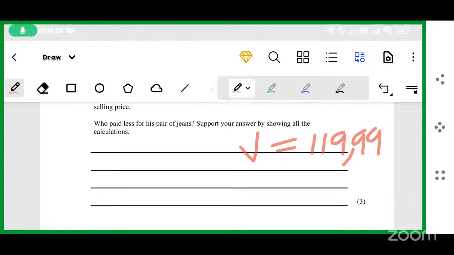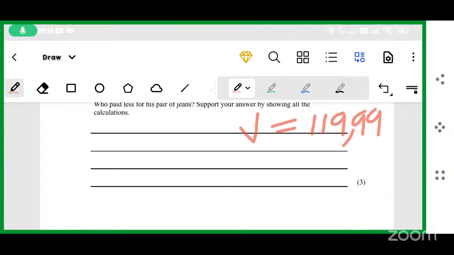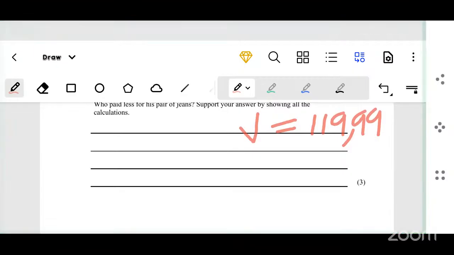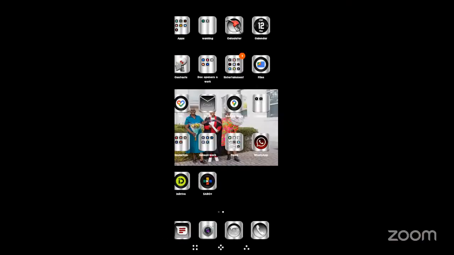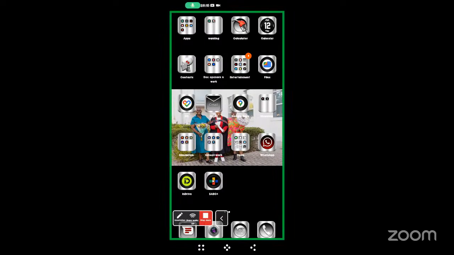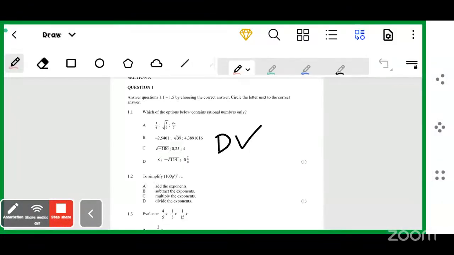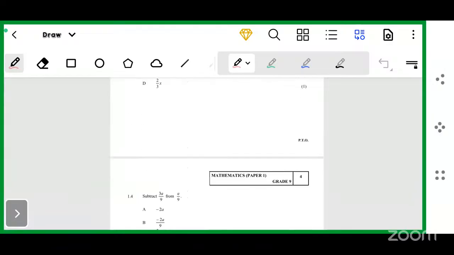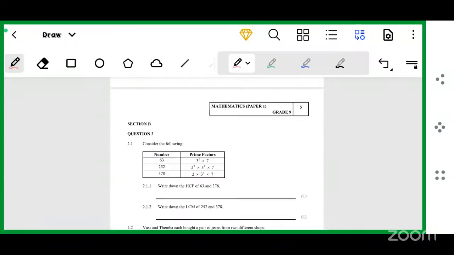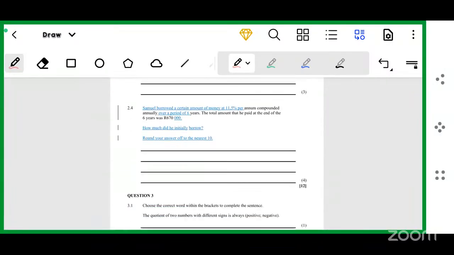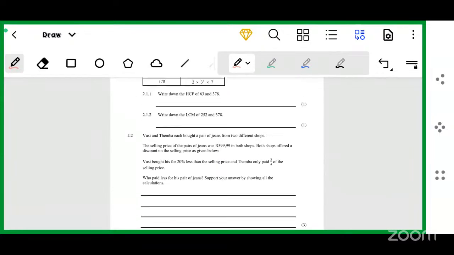And then I minus that number from the selling price of the jeans, which is 599.99 minus that number, and the answer gave me 479.99.